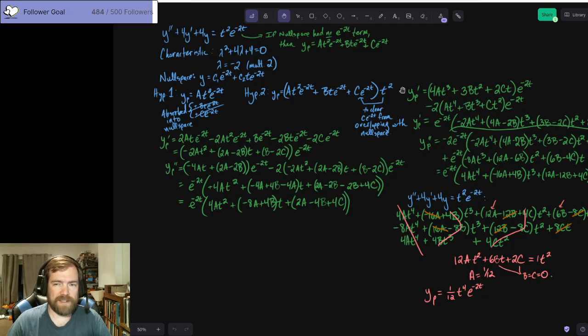If we didn't accelerate our terms such that the lowest term in the polynomial is now bumped up beyond the null space, right, by multiplying by our t squared, then we end up with stuff that's going to be absorbed into the null space, and then it's kind of an invalid solution. It doesn't really work. And if you tried plugging it into the differential equation, it would not get you t squared e to the negative 2t. It would just fail outright.